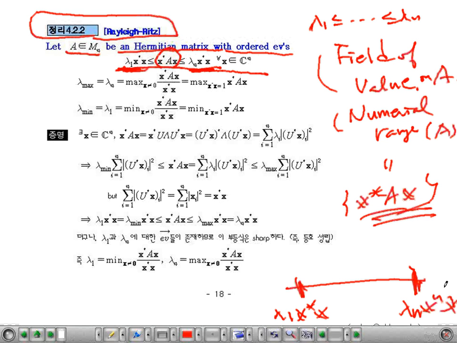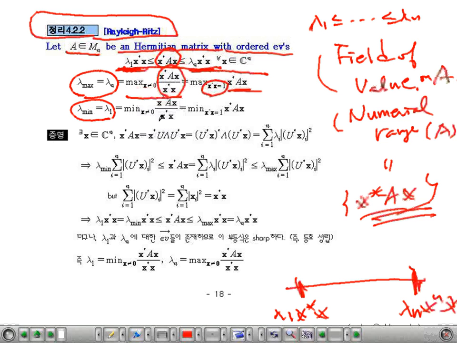I will show it. Anyway, as you see here, the largest eigenvalue lambda maximum is the maximum of this Rayleigh-Ritz ratio. If we restrict it to a vector with size 1, then it's just the value of x star Ax. Same thing.